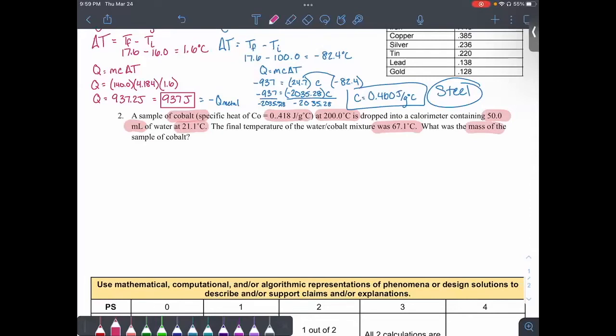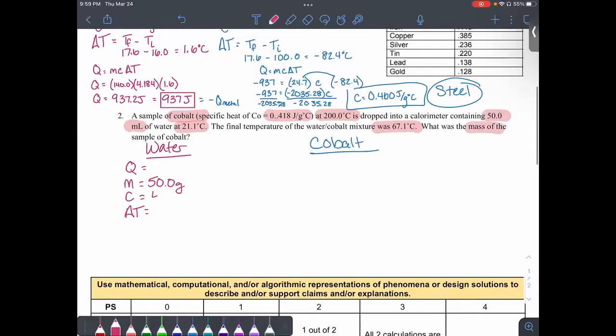So again, we have our water. I'm going to do it in the same color. So our water versus our cobalt. I can leave it as cobalt because we know it is. And we have our Q, M, C, and delta T. We don't know Q, but we know our mass was 50 milliliters, or 50 grams really.